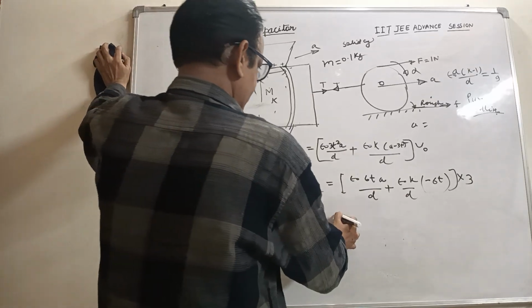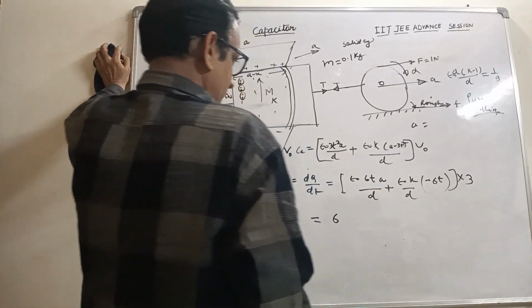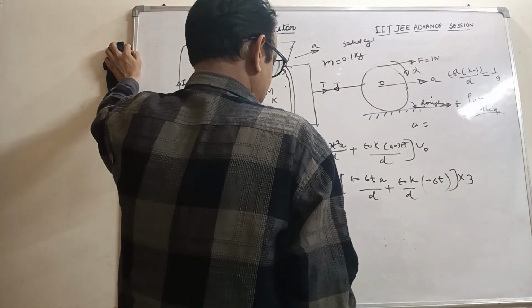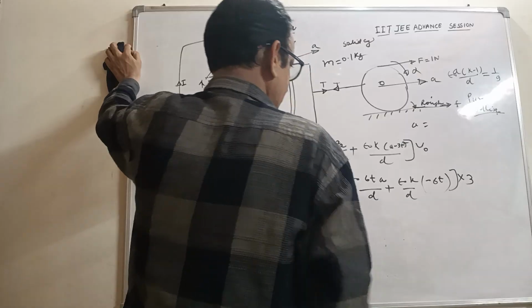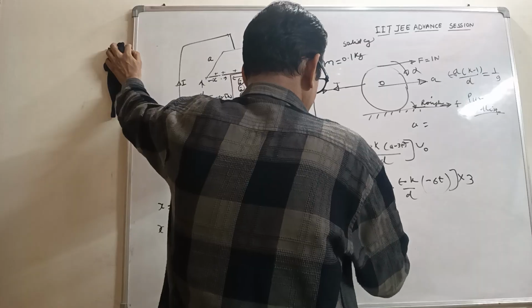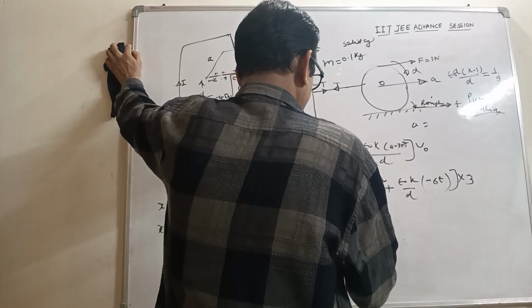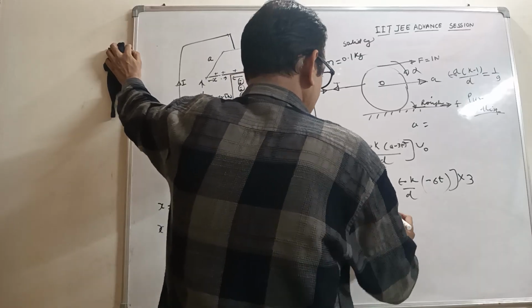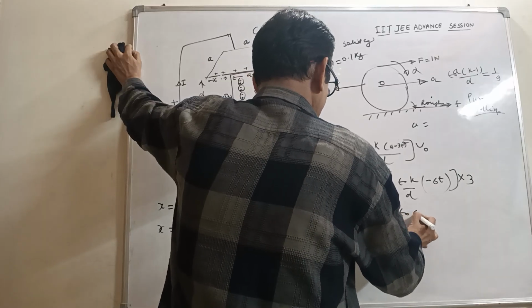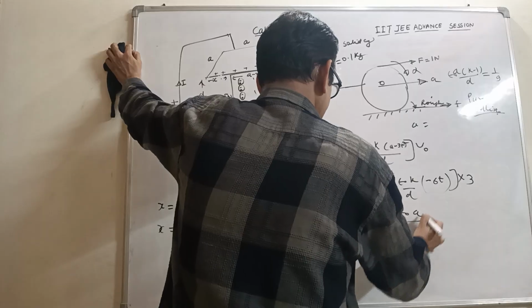So 6t common, this becomes into 3, and the minus sign taken out. So this becomes k minus 1 epsilon naught a by d.